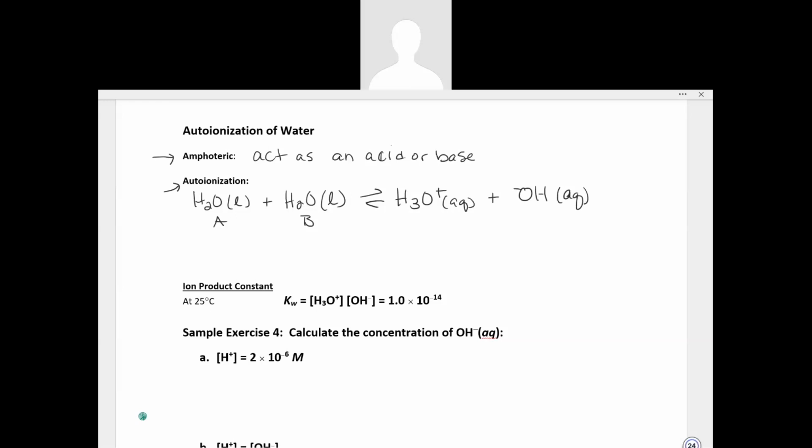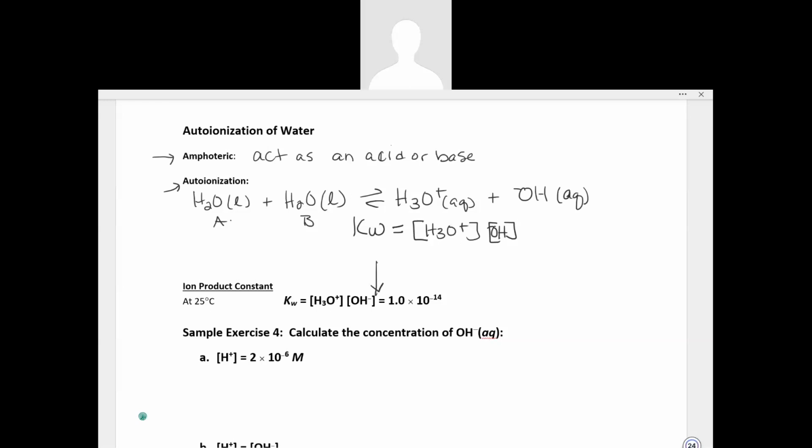So we can think in terms of this equilibrium that's established, and therefore we would write the equilibrium constant, Kw here, as the products, right? So the concentration of hydronium times the concentration of hydroxide, and this has a known value, which is actually given right below here.